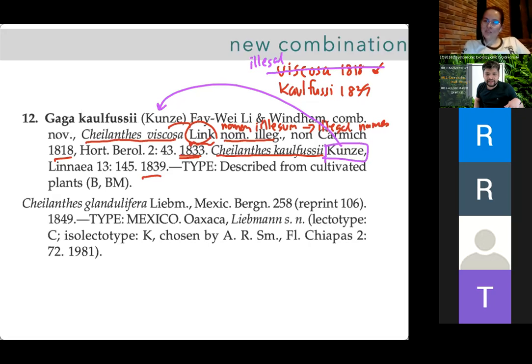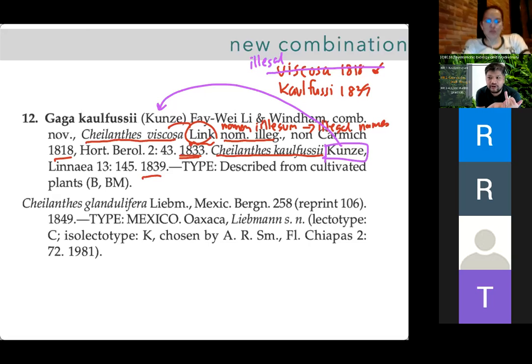It's illegal because I think the name viscosa is repeating with something else in that genus already, and I think the most common reason, I'm sorry, I did not look for the specific reason why viscosa is illegal. Most of the time, the old name becomes illegal because they either did not provide a type specimen or did not provide the diagnosis. There's no description.